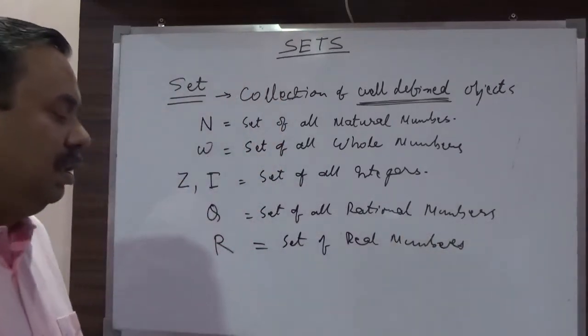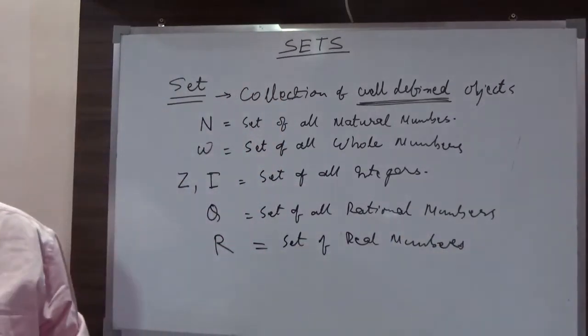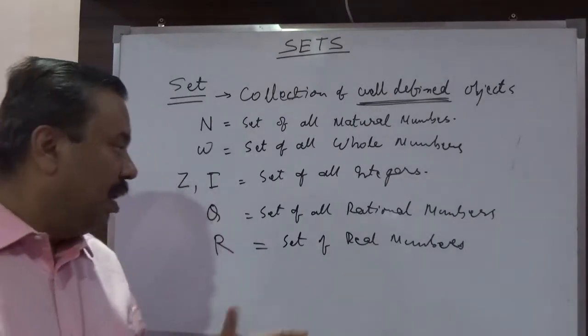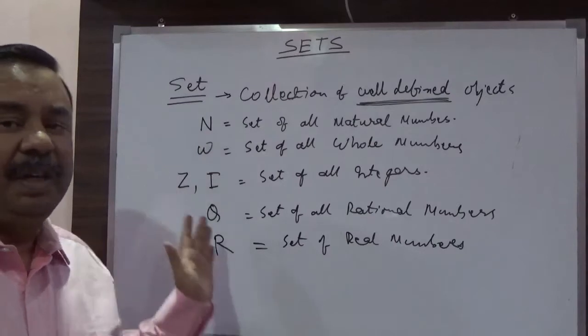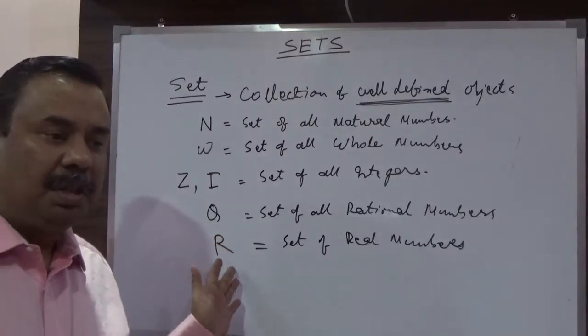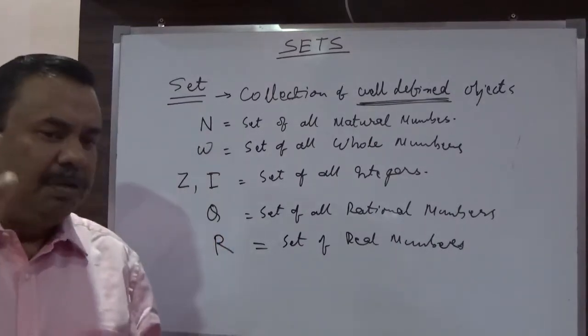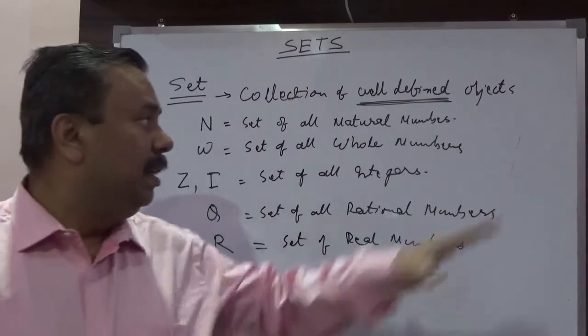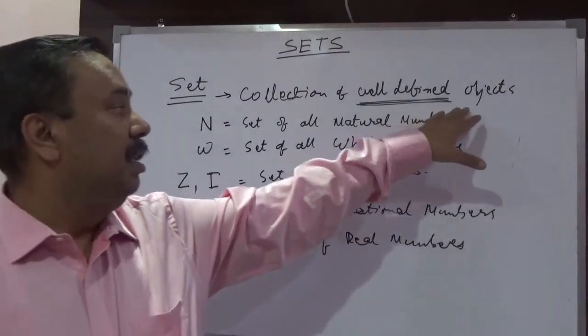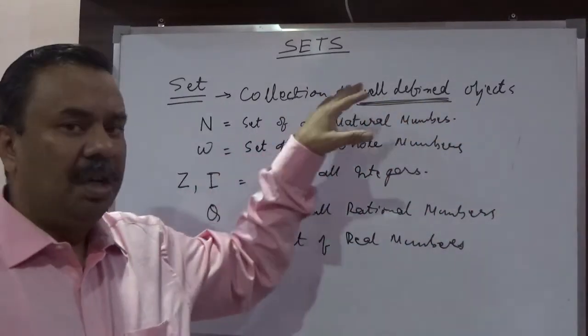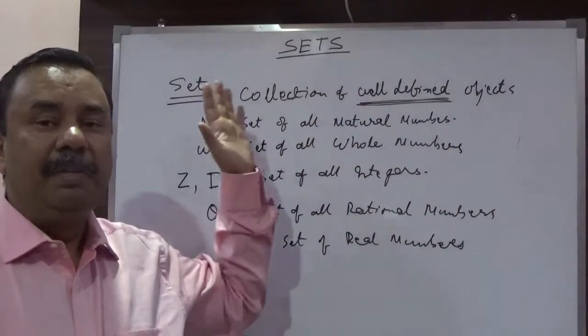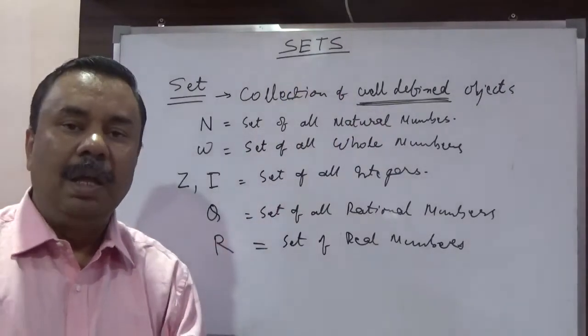Okay, so these are some of the sets which are represented by specific notations that have been given to you. Now, as I mentioned, each defined object which is a member of the set, or called an element of the set, can we count it?